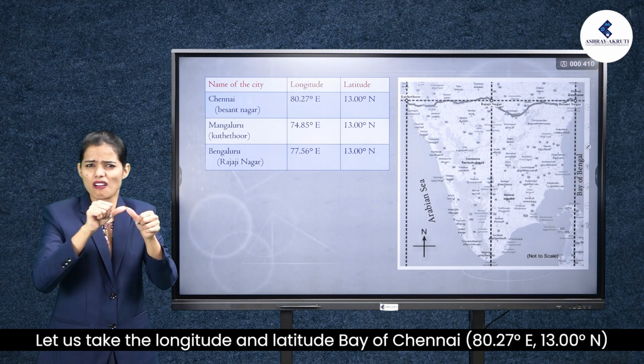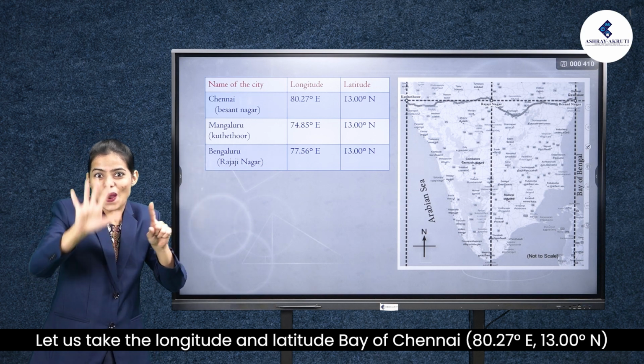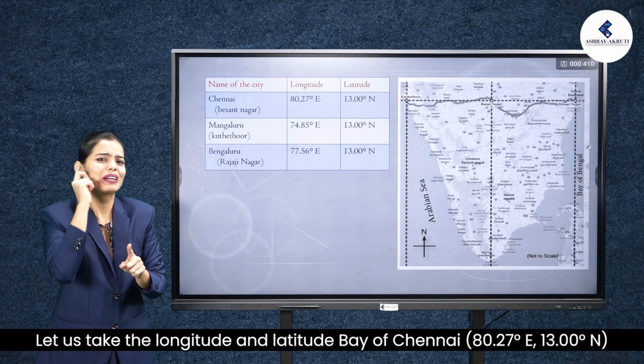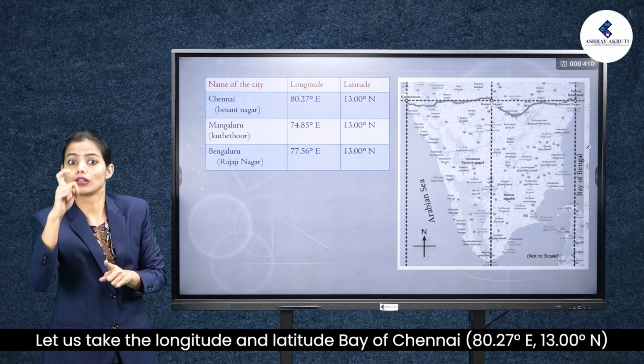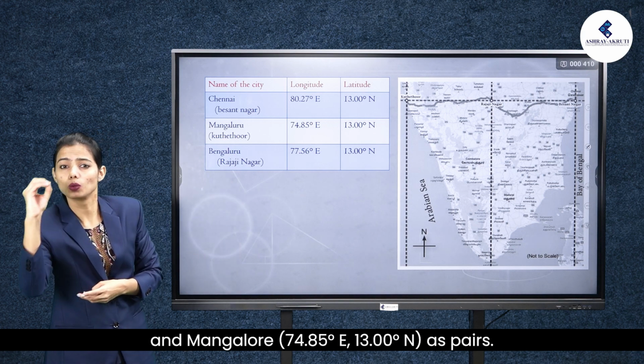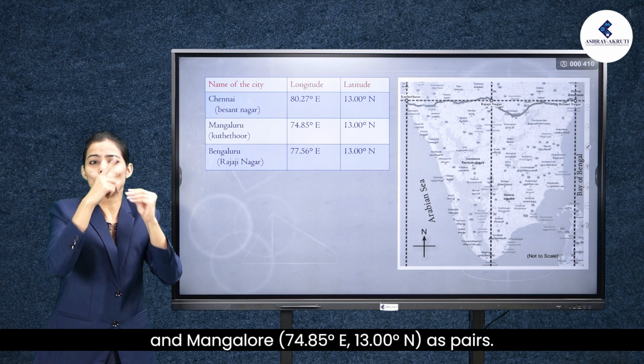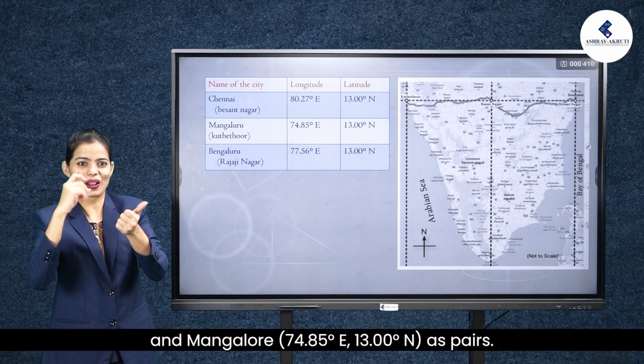Let us take the longitude and latitude of Chennai, 80.27 degrees east, 13 degrees north, and Mangalore, 74.85 degrees east, 13 degrees north, as pairs.